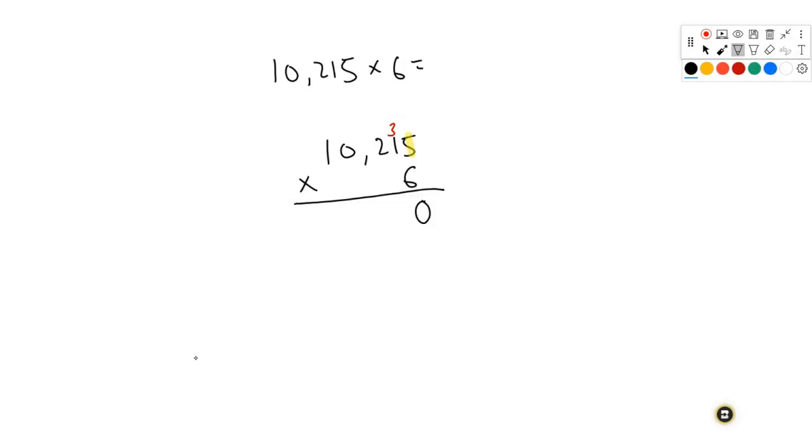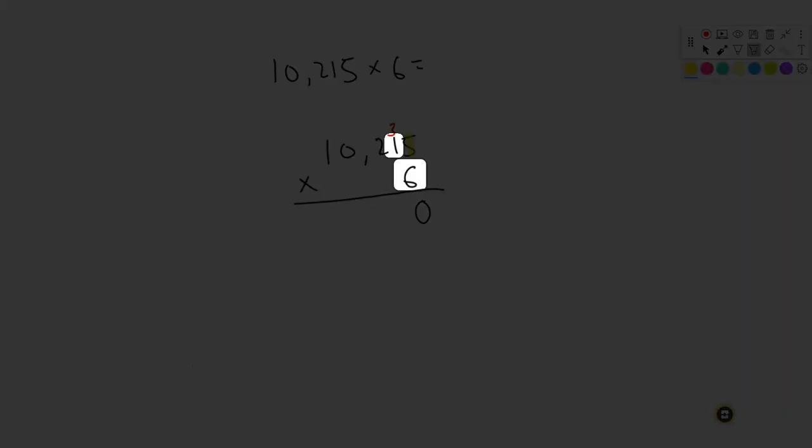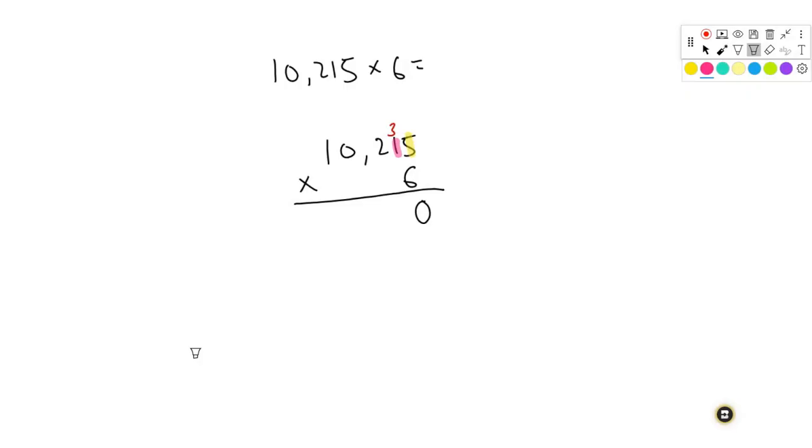Next, we're going to move on to our second largest. Oops, sorry. Let me use a different color. Our second largest place value, which is the second smallest, which is 1 tenth. So 1 times 6 is 6, right? 1 tenth times 6 is 6 tenths. So I know 1 tenth times 6 is 6 tenths, right?